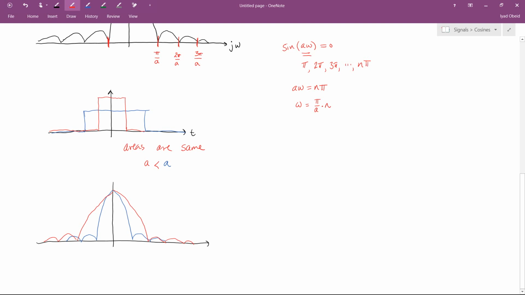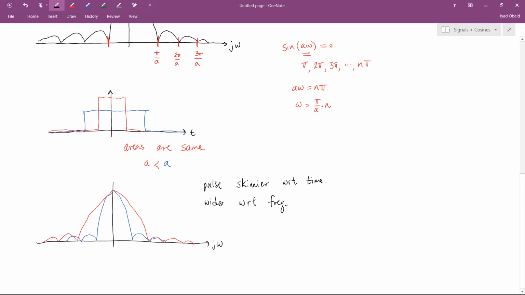So in other words, as your square pulse gets skinnier with respect to time, it gets wider with respect to frequency, which sort of makes sense.